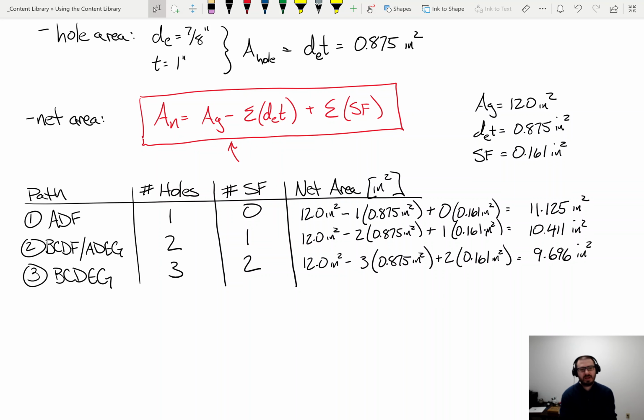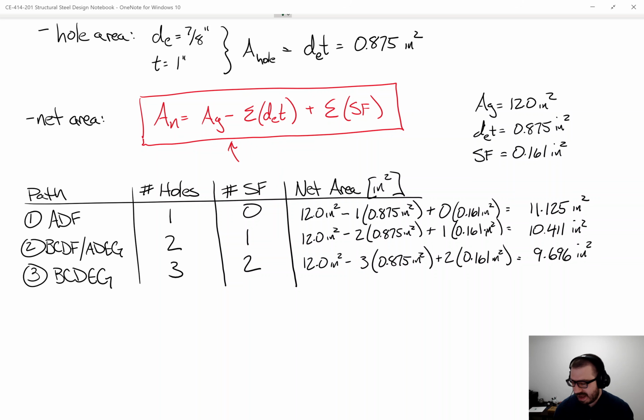We know when the capacity is the lowest, when the area is the smallest. In other words, it's easier to break through 9.696 square inches of steel than it is through 11.125 square inches of steel. So if I apply tension, it's going to fail on this lowest area first.